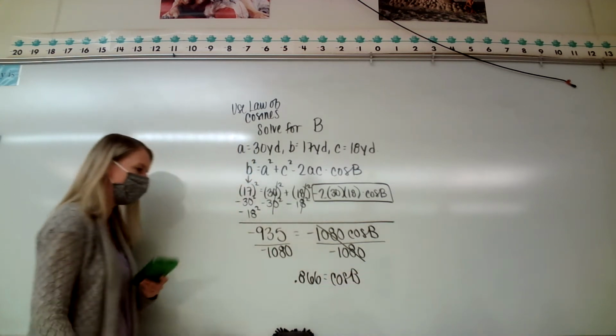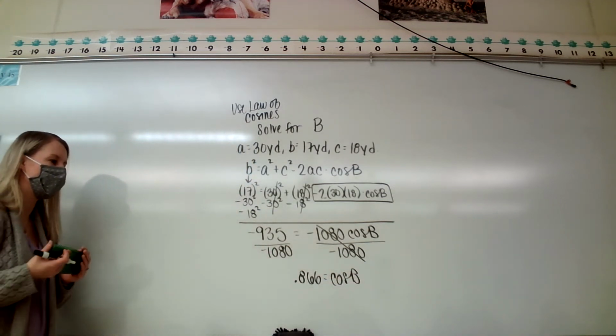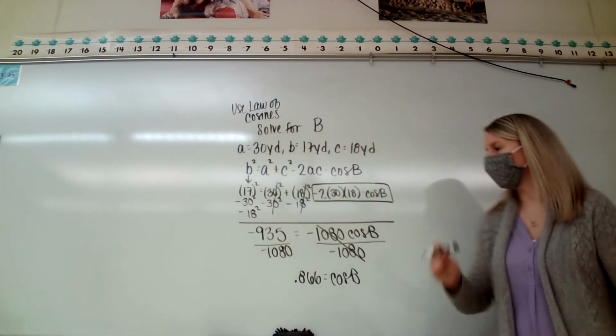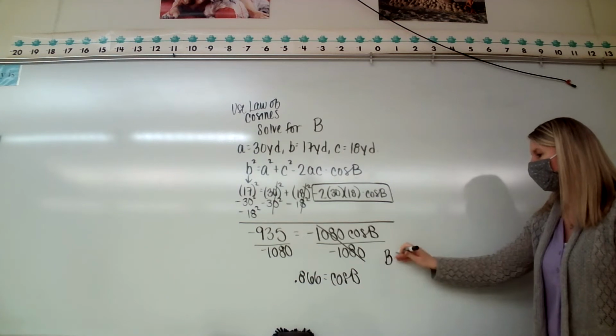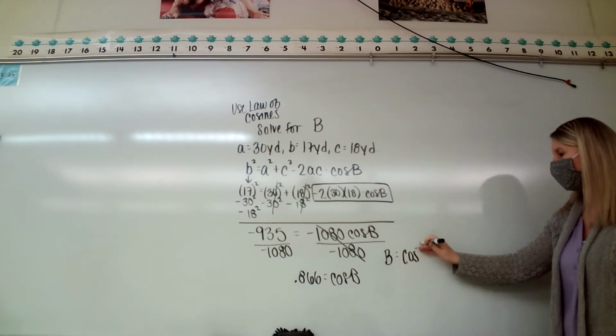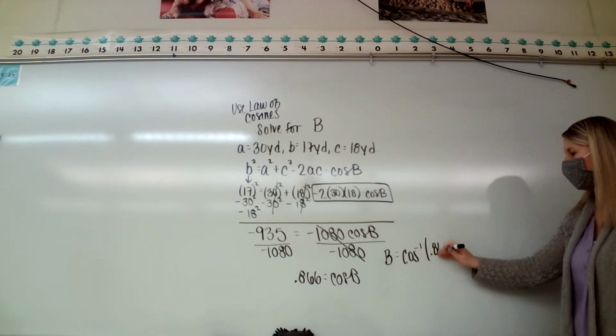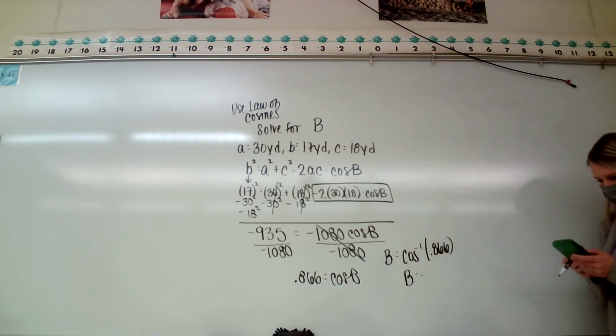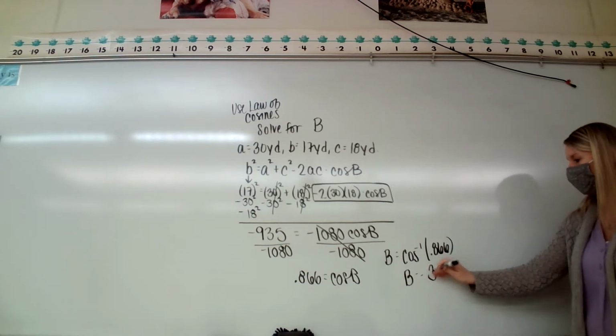I always take that into account. And then remind yourself, well, I don't want cosine B, I just want B. And in order to find an angle, we are going to use the inverse. So the inverse cosine of 0.866 is, I have no clue, so I'm going to put it on, 30 degrees.